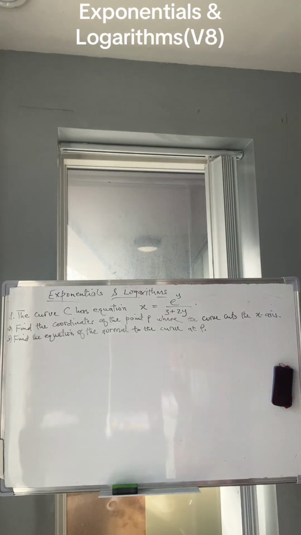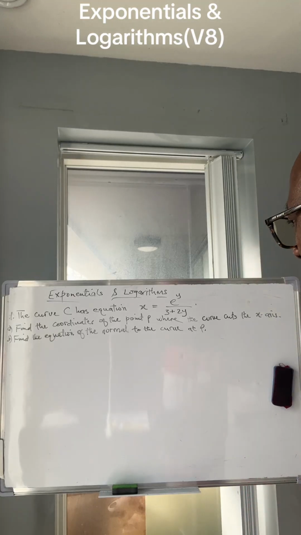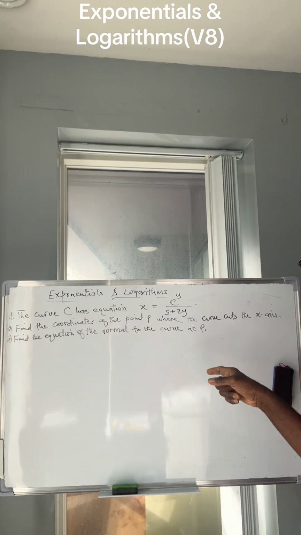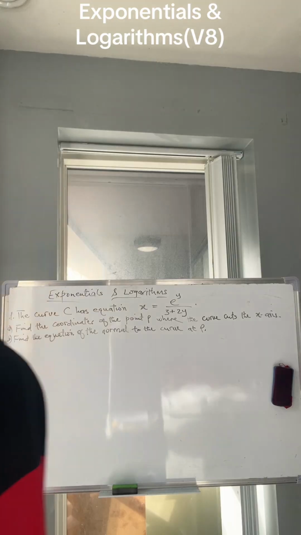Of course, the first part is quite simple because we are already told to find the coordinates of the point P where the curve cuts the x-axis. So where the curve cuts the x-axis, the y value there is 0. We know that.